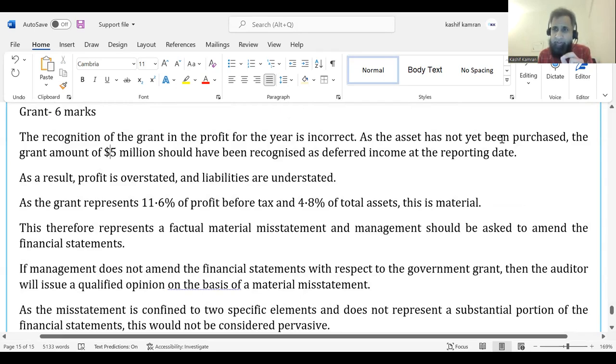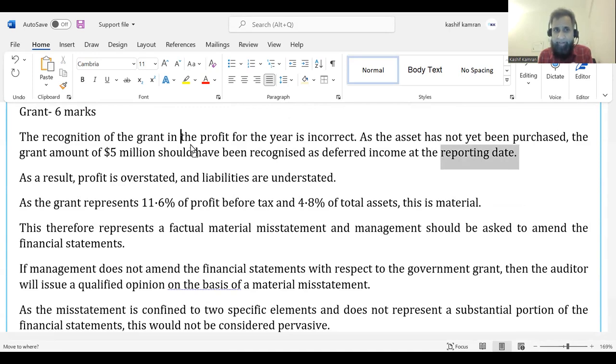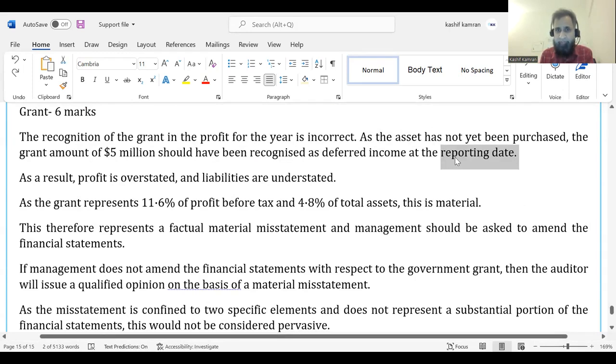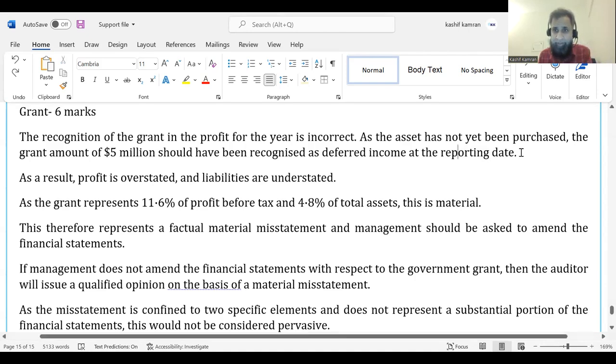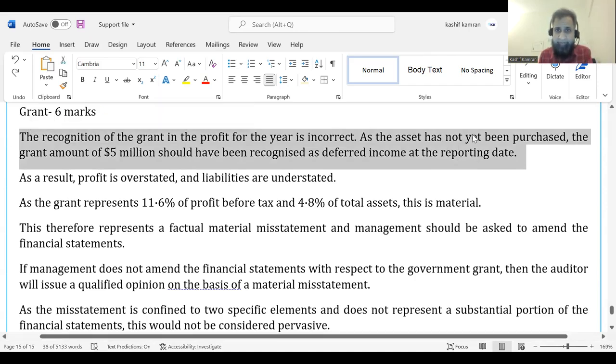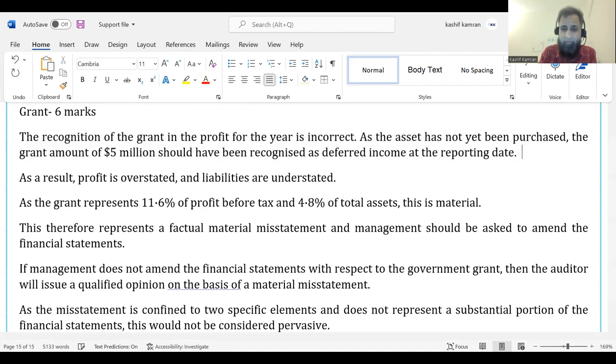As the asset has not yet been purchased, comma, the grant amount of $5 million should be recognized as a deferred income at the reporting date. So am I telling the accounting treatment that the recognition of the profit is wrong because the asset is not yet purchased and the grant amount should be recognized as a deferred income? Will I get 1 mark for this sentence? Yes. Straight away 1 mark.